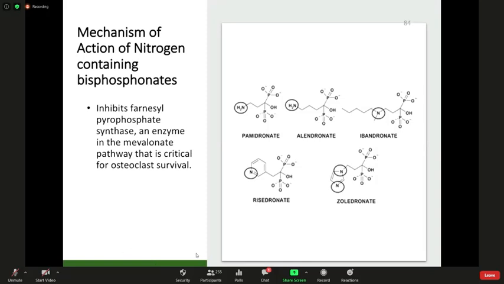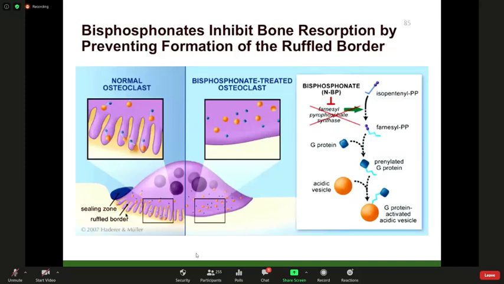osteoclast survival. So the osteoclast makes this ruffled border where, in fact, they produce these acidic vesicles that then resorb the bone. With the bisphosphonate treatment, you inhibit this first step, this enzyme, and so you prevent the formation of these acidic vesicles.